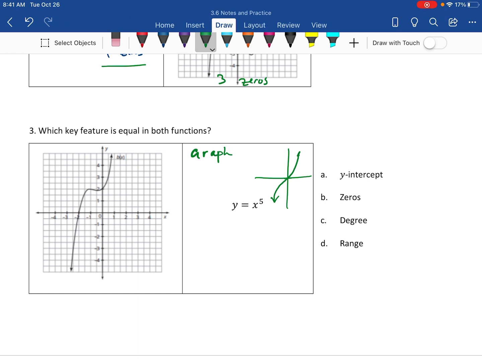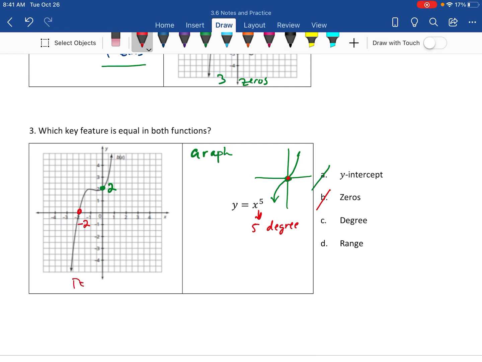If I compare the y-intercept, here it is at 0, the one here is at 2, so it can't be that. Go to zeros, here at zeros I'm at -2, and again it's at 0 here, that's not it. Now this is a 5th degree polynomial, and this one we can't really tell.